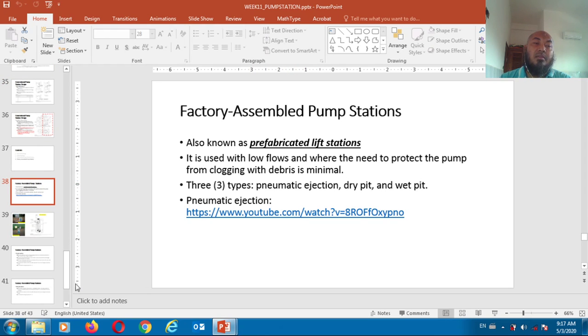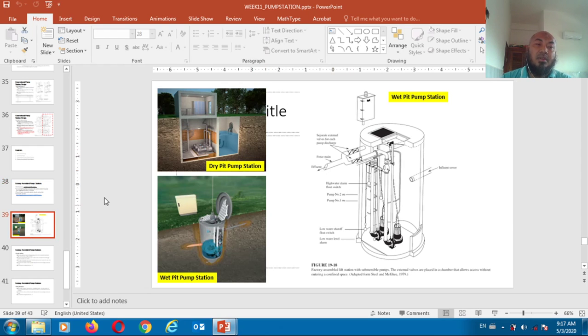Then we have the factory assembly pump station, known as a prefab station, which is available directly from the factory. We have dry pit pump stations and wet pit pump stations, a similar concept to the wet well and dry well. So we have a wet pit here and a dry pit here.